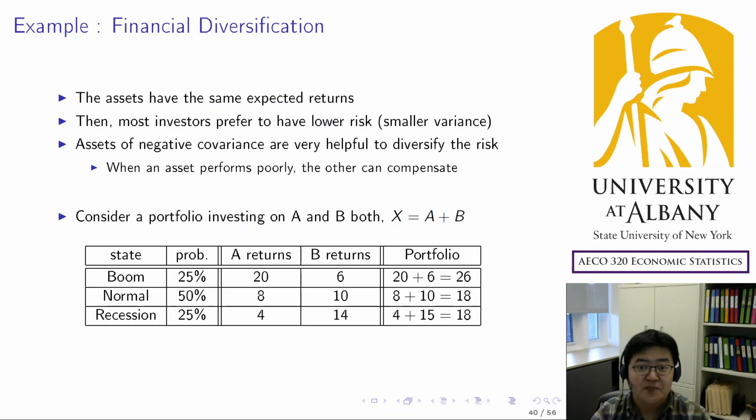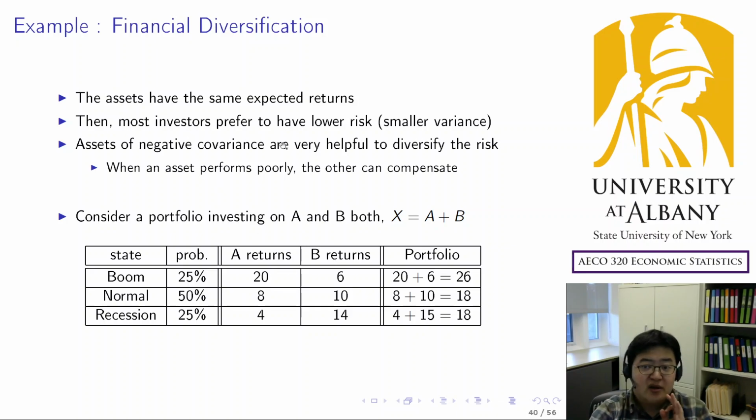So simply, we will see what happens when you put the same amount of money on both assets. Previously, suppose you invested, say, $100 on A and $100 on B. Now you invest both with $200 total.